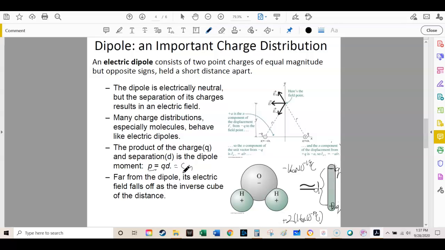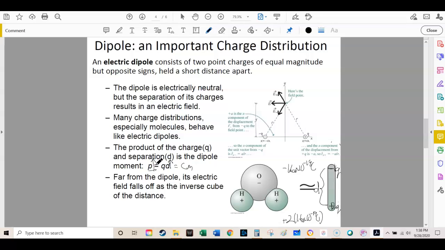So basically, if you spread these charges out, increase the distance that the charges are spread out, the electric dipole moment is going to increase. Basically it's a way to really quickly measure the separation distance between charges.